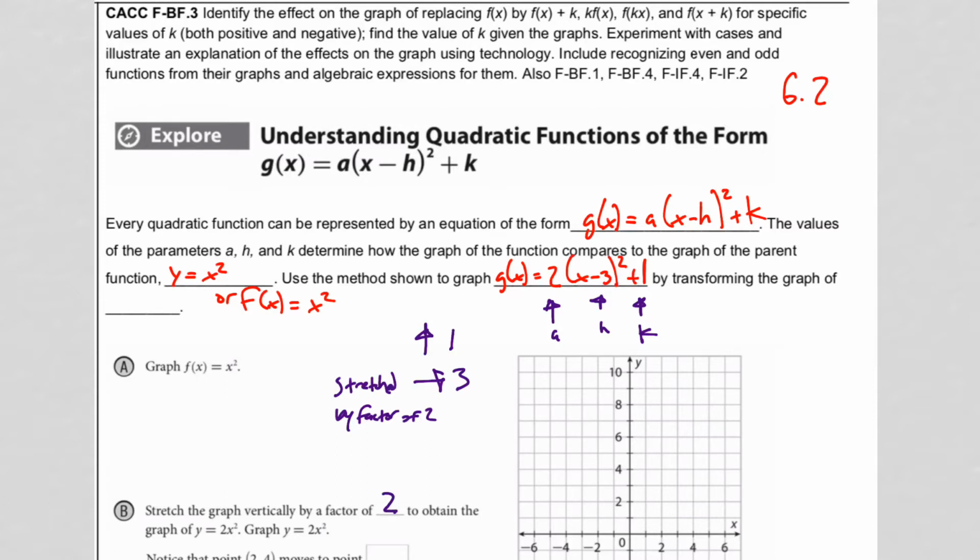And then I'm going to draw the parent function in red. We've got 0, 0, 1, 1, 2, 4, 3, 9. And it has a symmetry, so it's going to match up on the other side. And right in red here, this is the parent function.